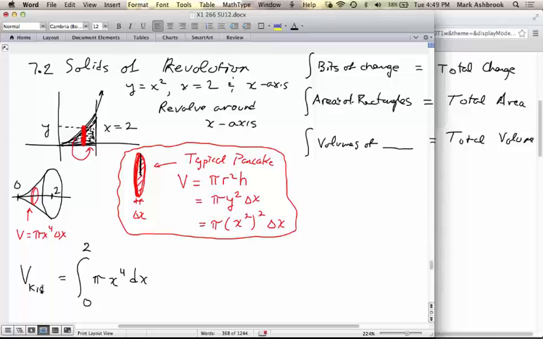Volume of the kiss. Questions? So super easy integral. Questions on that? Does that make sense?